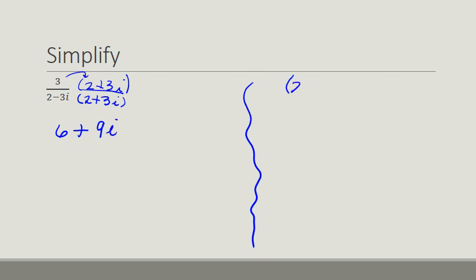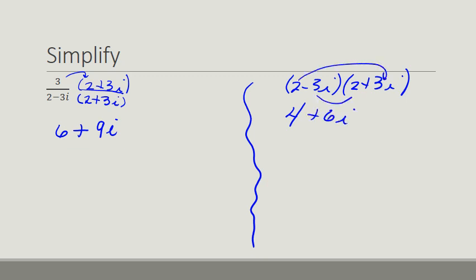For the bottom, 2 minus 3i and 2 plus 3i is going to give me 4 plus 6i minus 6i minus 9i squared, if I've multiplied that out. So the 6i's cancel out. So you get 4 minus 9i squared.